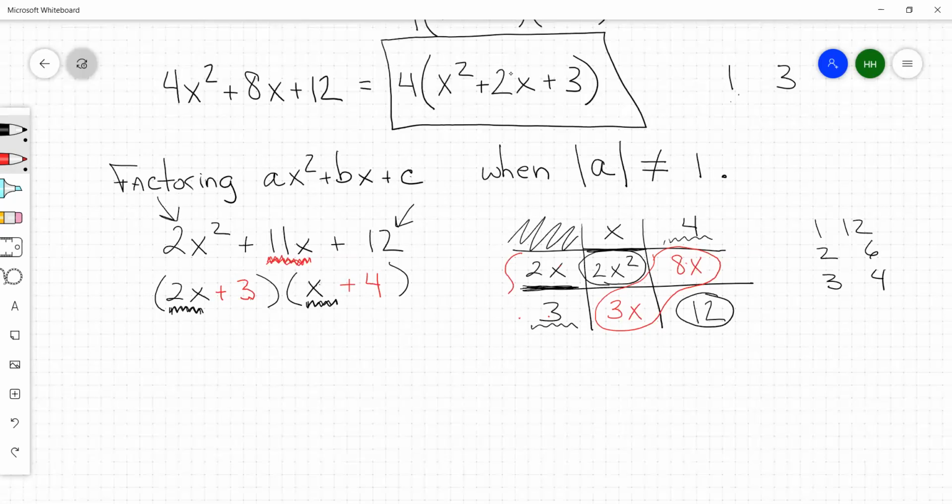This becomes 2x plus 3. This becomes x plus 4. So there are your two factors.